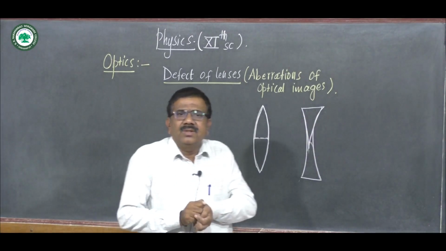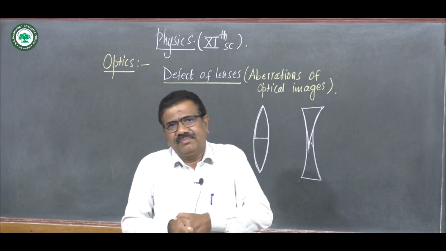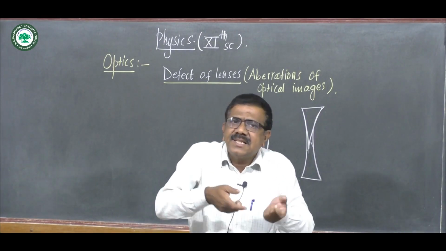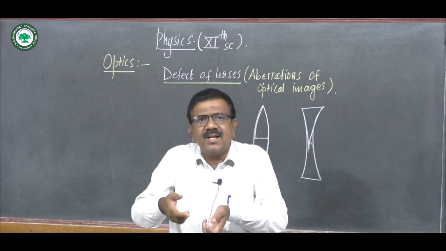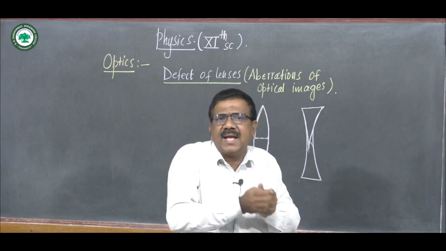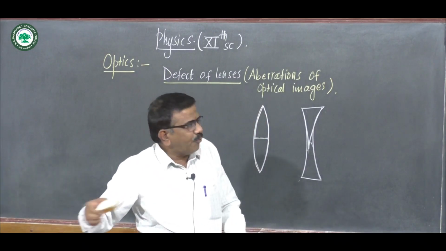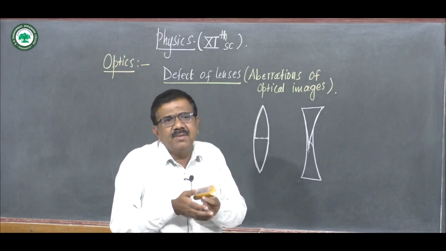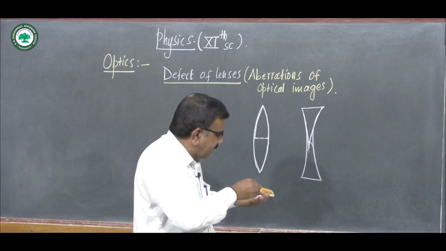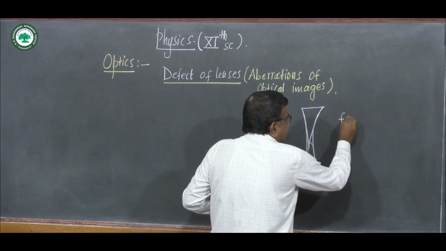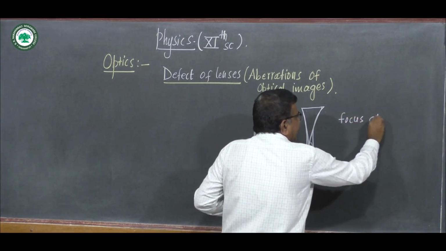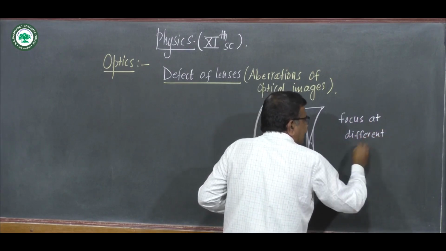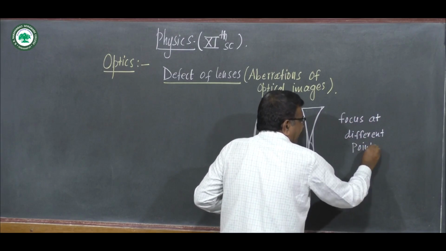And we know when polychromatic light, that is white light, passes through the prism, it is dispersed. Different colors deviate through different angles. The deviation for violet is maximum and deviation for red is minimum, and different colors come to focus at different points.